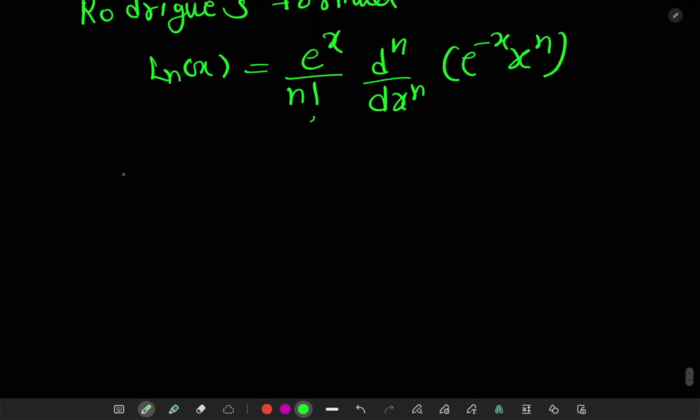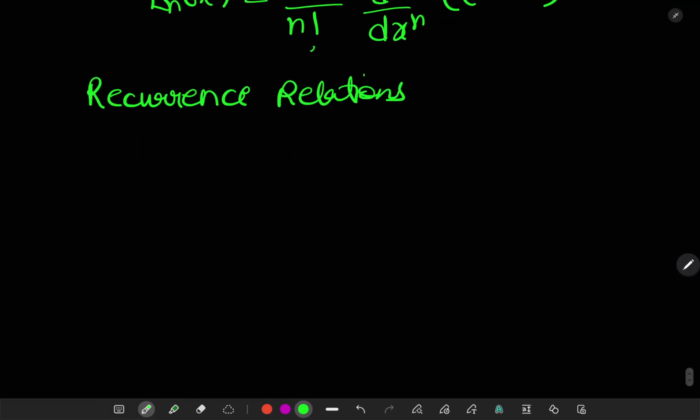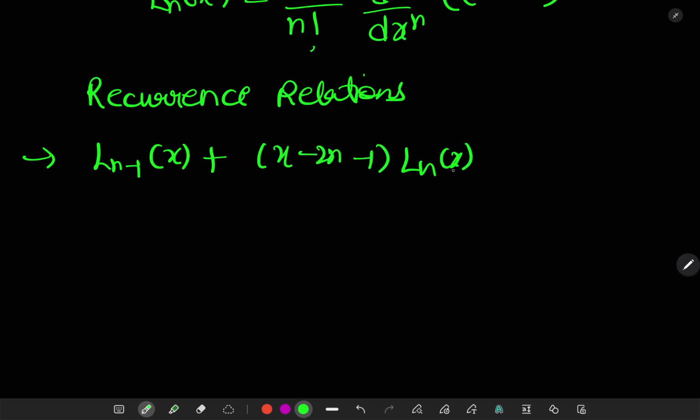Now their recurrence relations. The first recurrence relation is this: L n plus 1 x plus x minus 2n minus 1 Ln x plus n square L n minus 1 x equals 0.